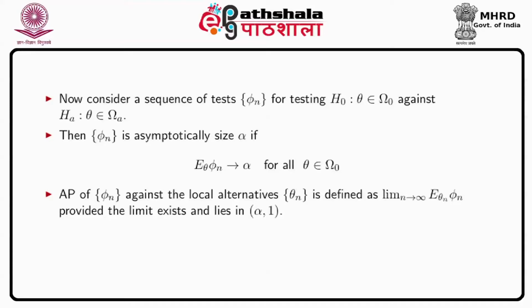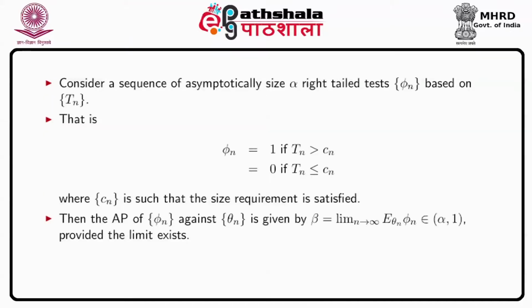However, determination of AP is not straightforward, and hence we provide below an equivalent expression considering some assumptions. Consider a sequence of asymptotically size alpha right tail tests phi_n based on statistic Tn for testing H0 against HA, as already mentioned.